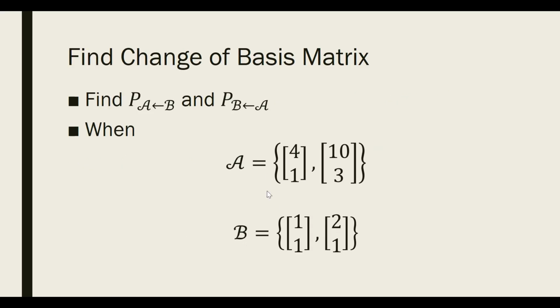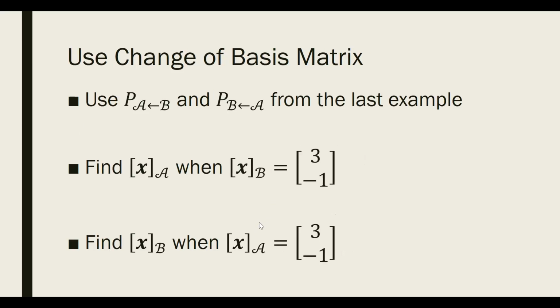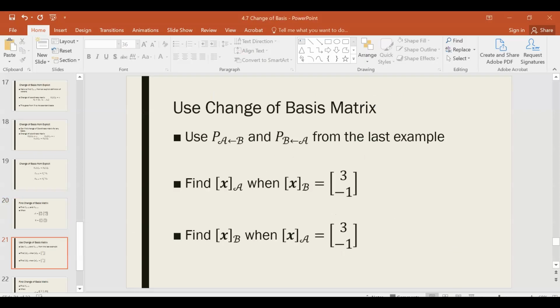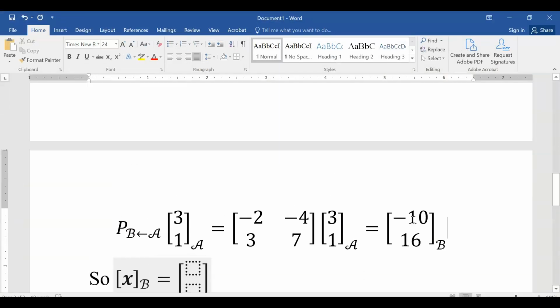So I'm using this A and this B. And so once I've already found the change of basis matrix from B to A, and once I've found from A to B, then I can just take 3, negative 1 times each thing. And you know what? I think when I did this on my own, I used a positive 1. So I did 3, positive 1. Dang it. So I'll have to do some adjusting.